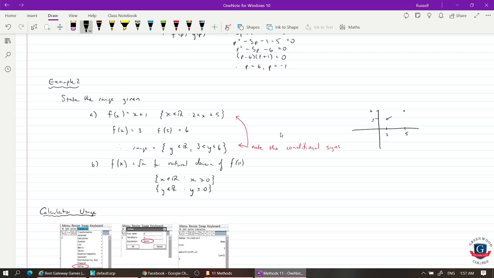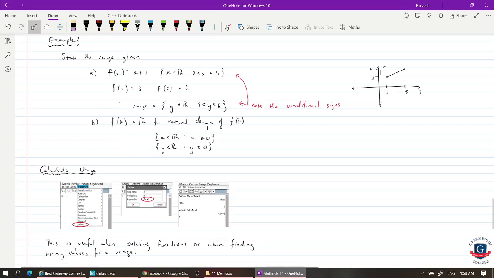It's going to be the line from there to there. From that we can see that y can take on all the real values between 3 and 6, not including 3, which is what this range here defines. Y is a member of real for all values between 3 and 6, not including 3.